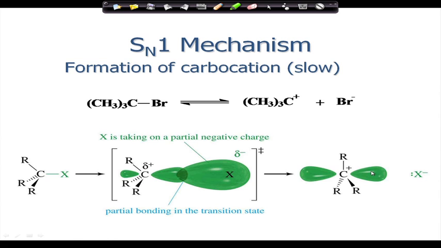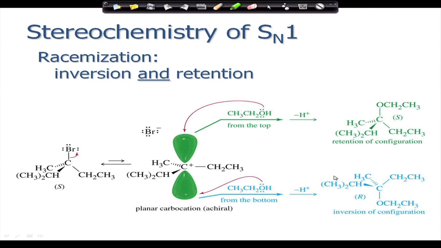Now, both the lobes are free. So, the nucleophile can approach; you can show it in the orbitals in the vertical direction. So, you have half of the orbital here and half of the orbital on the down face. But this is planar again, the carbocation is planar.